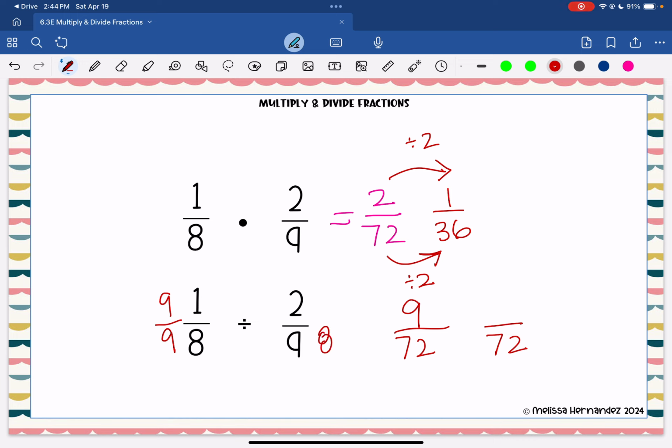It's 9 times 8, so you end up with 16. And then, if you stuck it out this long, I told my kids circle over square if they forget. And then this equals 9/16. There's nothing that goes into 9 and 16 evenly that will not leave a remainder, so that is good to go.